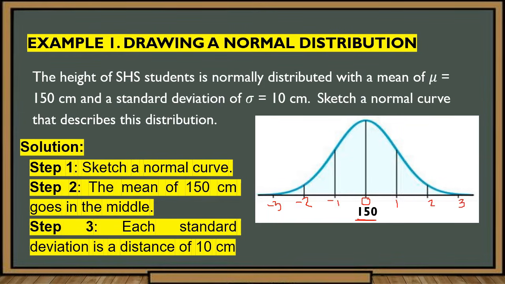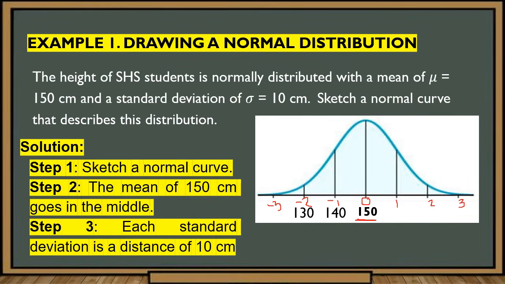First, from the mean going to the left, we're going to subtract 10 centimeters. So 150 minus 10 is equal to 140. From 140, we subtract 10, so it's 130.